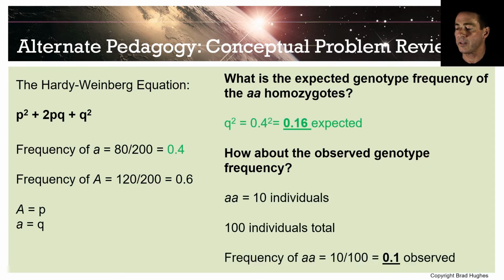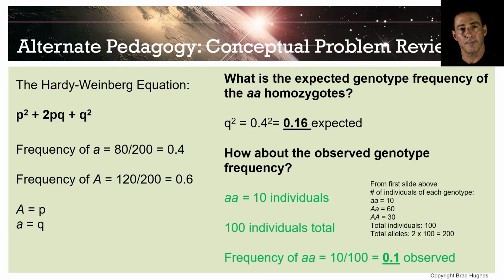Then calculate the expected frequencies of the homozygote small a genotype, Q squared equals 0.4 squared, equals 0.16. The observed frequency of homozygote small a is the number of small a individuals, 10, divided by the total number of individuals in the population, 100, which equals 0.1.